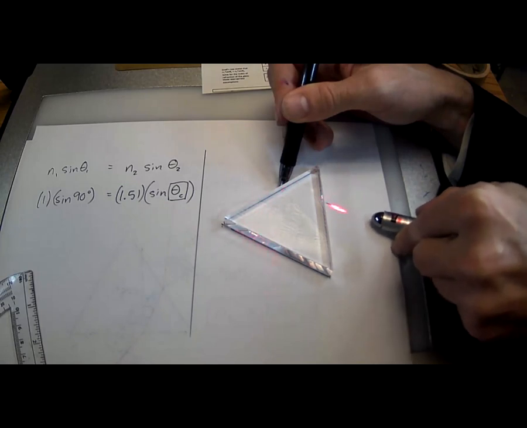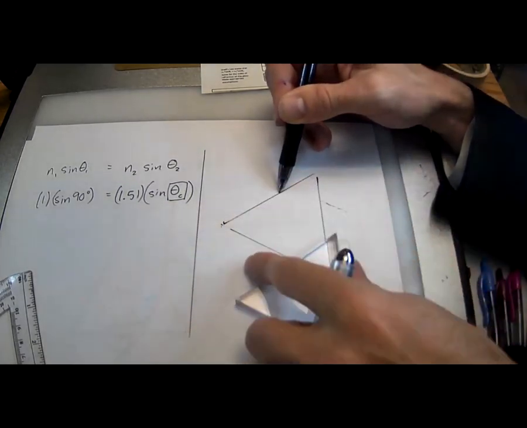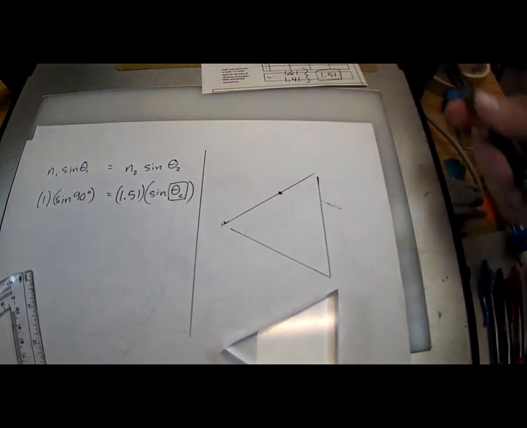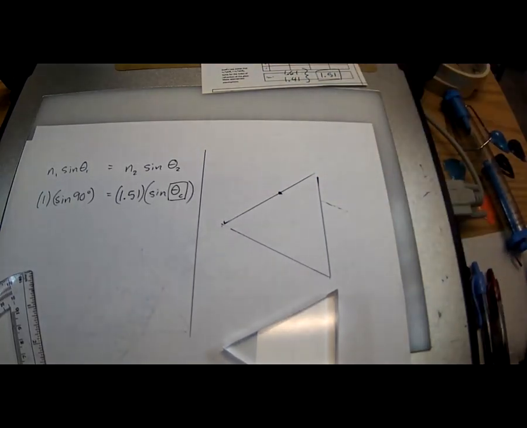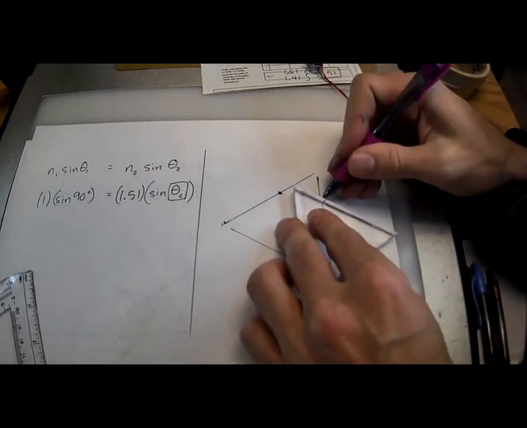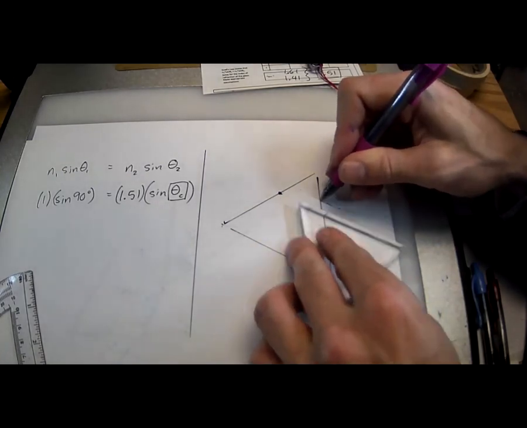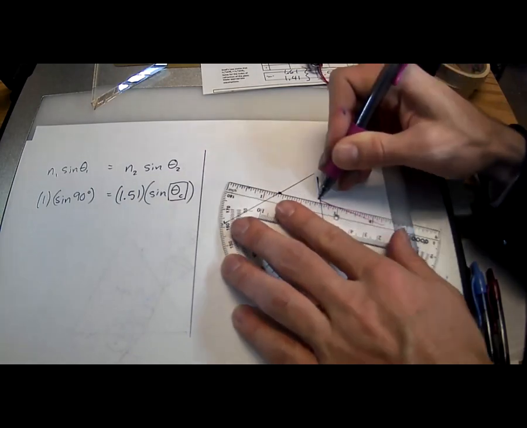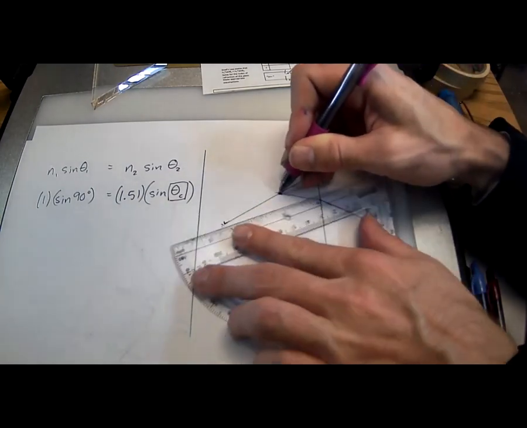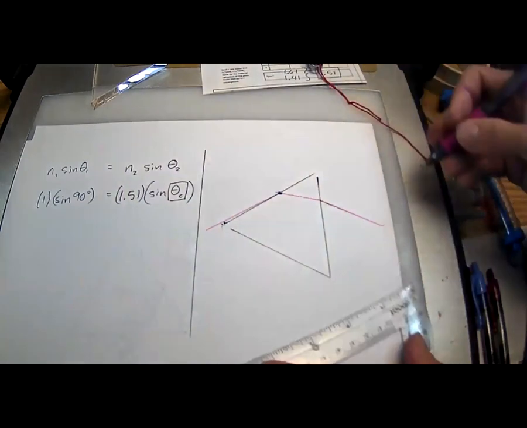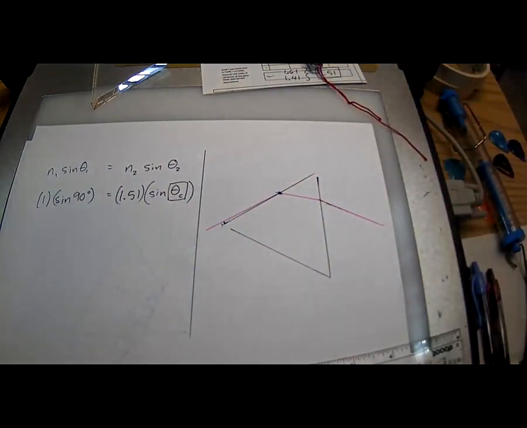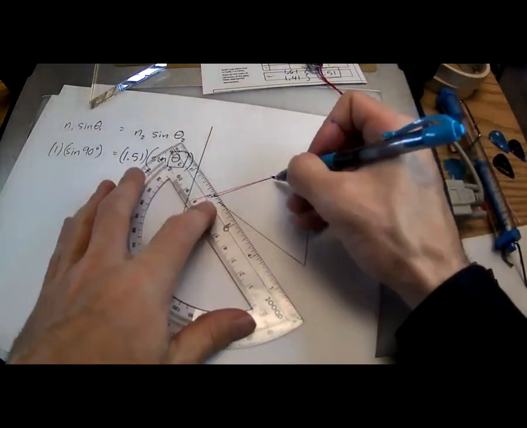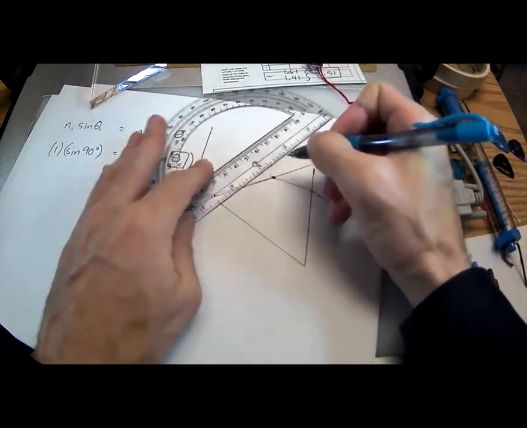I'm making an educated guess on the point that it's reflecting on. I think it's about here. This may not be the most accurate way we're doing this today, but here's my best attempt to get the path of that laser light. We have limited time to figure this out. I want something about like this, where this point right here, and then get a normal line.